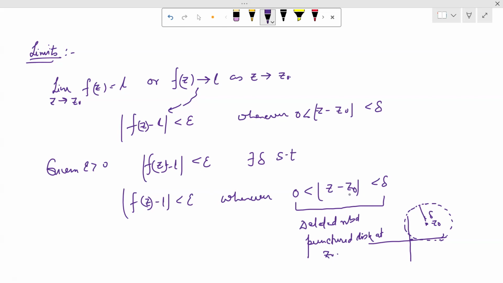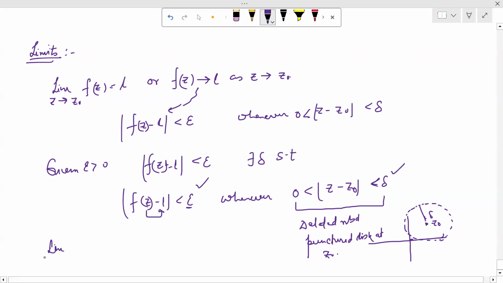If for your epsilon, I'm in a position to produce a delta always, then I will say that the function's limit is L. Am I clear or not clear?